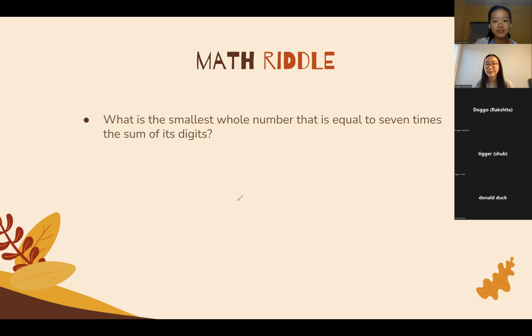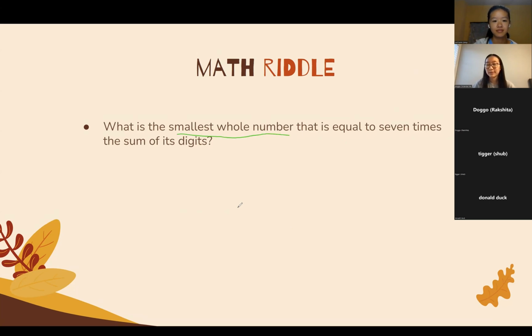So if we want to represent the sum of a number's digits, we can say the number in the ones digit is B, and the number in the tens digit is A. And then the sum of that would be A plus B. So the number would look like AB.